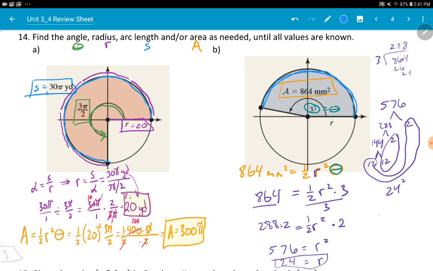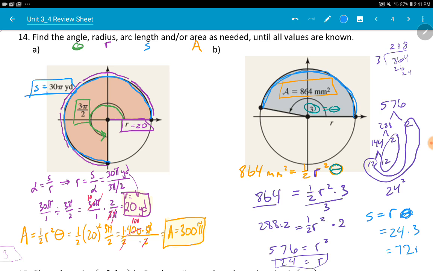The formula is the radius times the angle, which is 24 times theta, and theta is 3, which is 72.